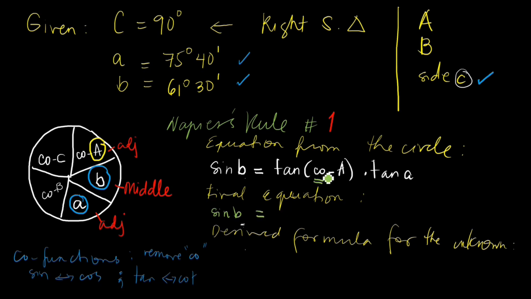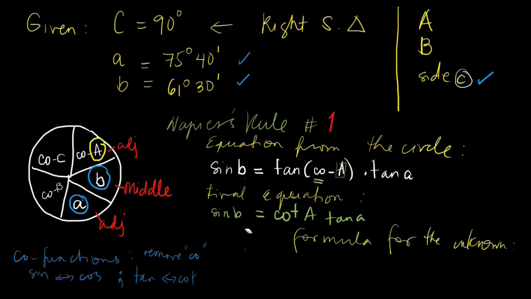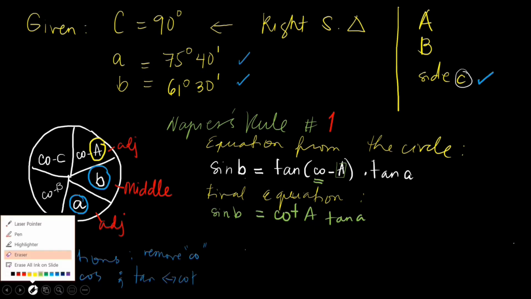And then tangent of the complement of A, so we have CO here. To remove this, we need to replace tangent with cotangent of the part, angle A, then copy tangent of A. Next, I'll just rewrite this one.